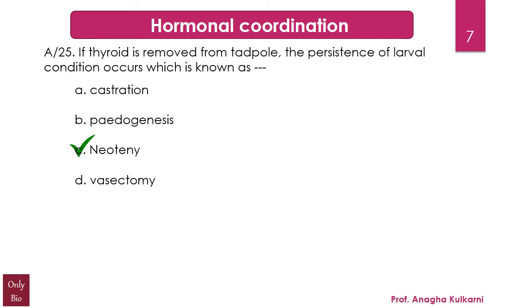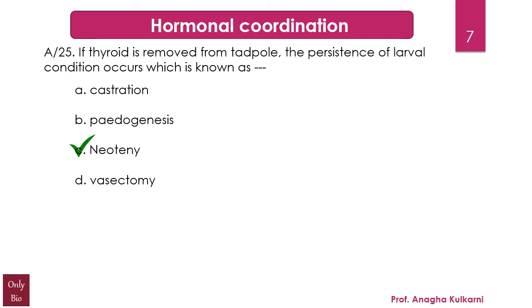Now please remember that castration is nothing but the surgical removal of the testicles, right? Paedogenesis is the reproduction by sexually mature larvae, usually without fertilization. Okay, this is what it is. And neoteny is the retention of the juvenile characteristics in the adults, like most amphibians which are aquatic only while young, some amphibians with neoteny will remain aquatic even as adults.